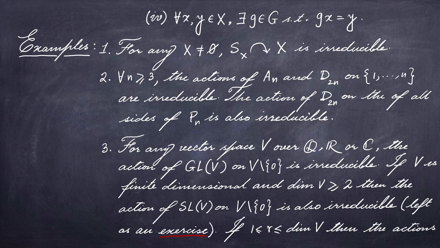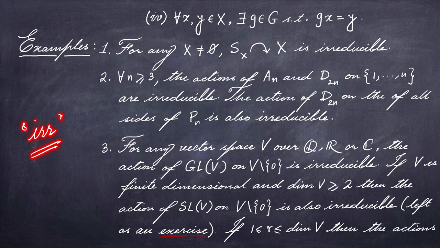Okay, now we will talk about examples. Before that, I should tell you that for this action, this terminology irreducible is not standard. In literature, people rather call it transitive. But in this lecture, we will stick to this irreducibility.